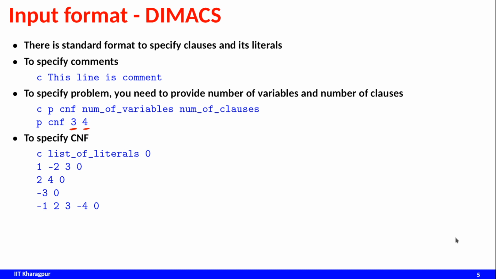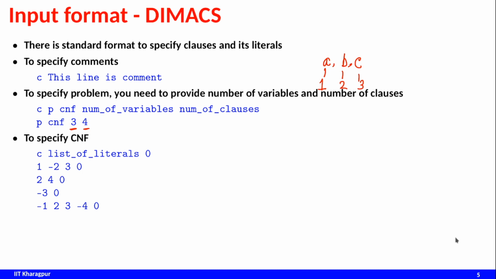Let's say my variables are A, B and C. In order to represent A, B and C in this form, I will use the number 1 for A, 2 for B, and 3 for C. So by taking an integer I can represent the variables 1, 2, 3.